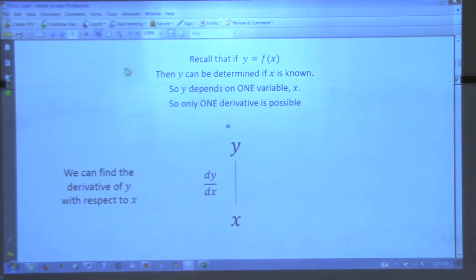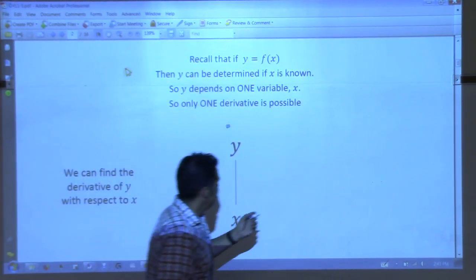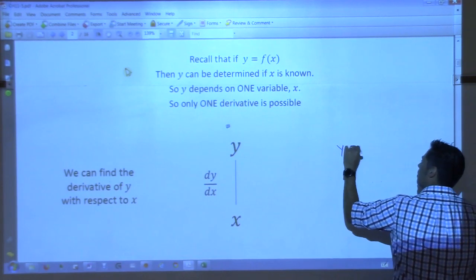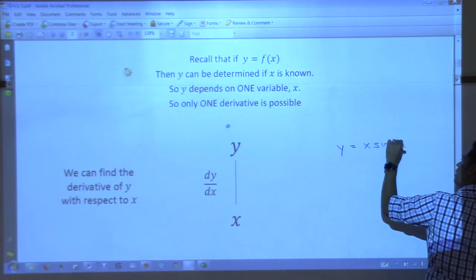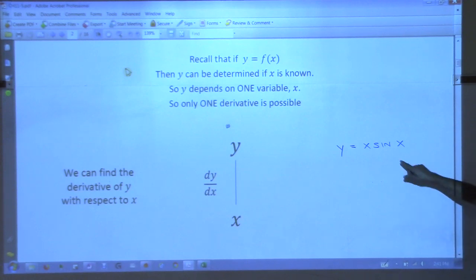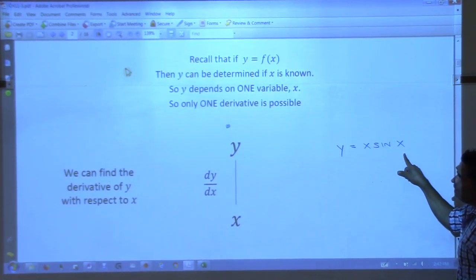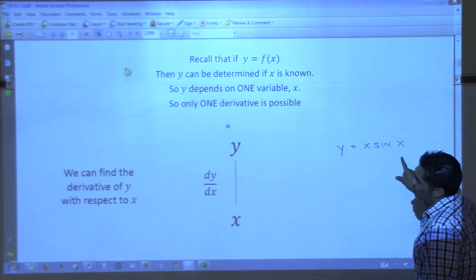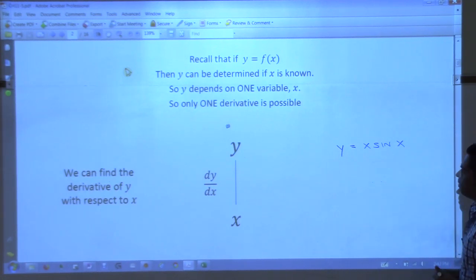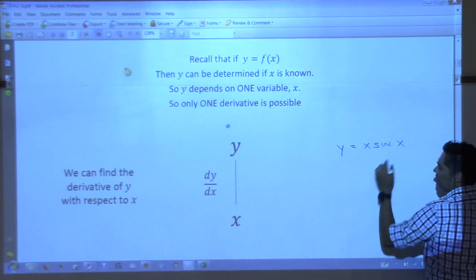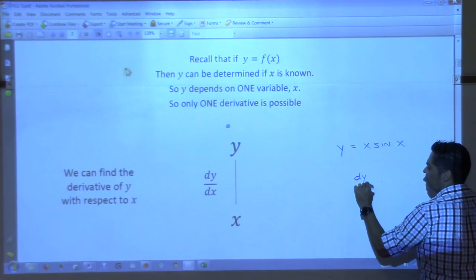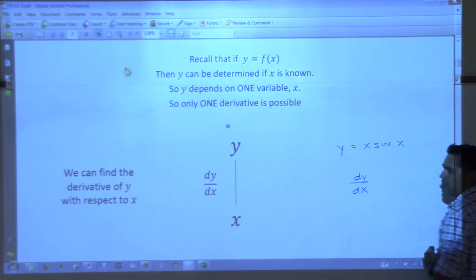Okay, so remember that if y is a function of x, so something like y equals x sine x, then y depends on one variable, x, only. Then we only have one derivative really possible here. If y depends on x, the only thing we can really talk about is this derivative, dy/dx.